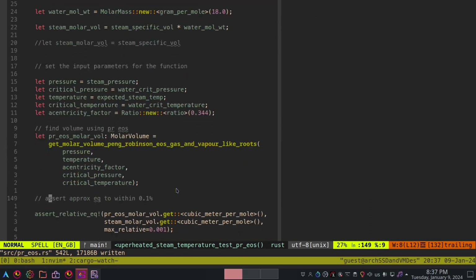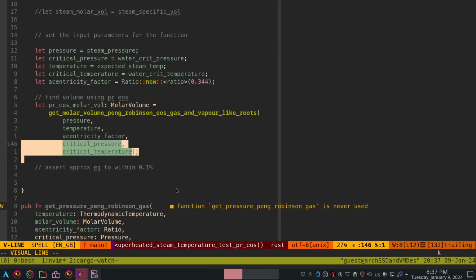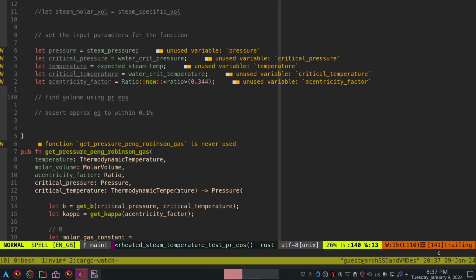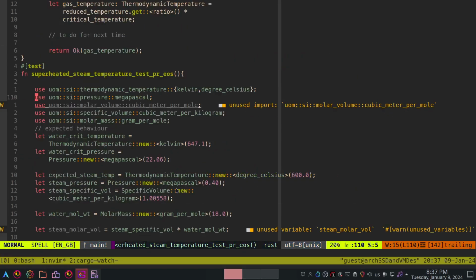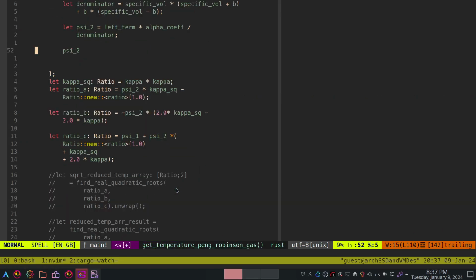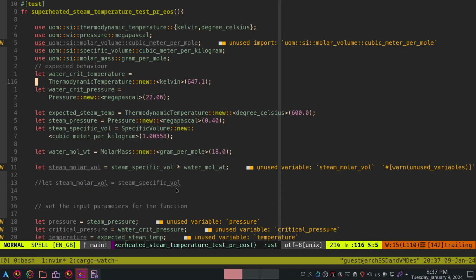So I'm going to delete this assert part, and I'm going to just find the temperature. Find temperature using the Peng-Robinson equation of state. So get temperature Peng-Robinson gas, that is what I'm going to do.